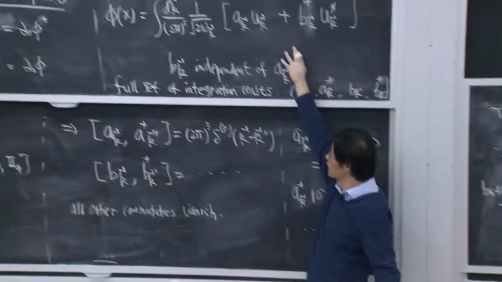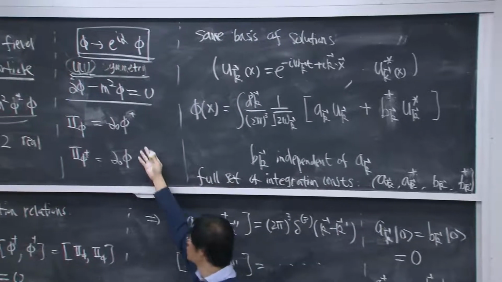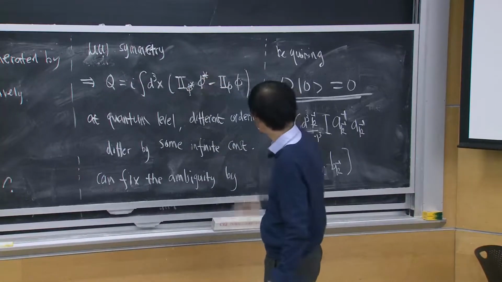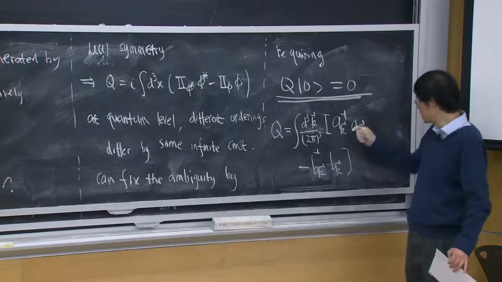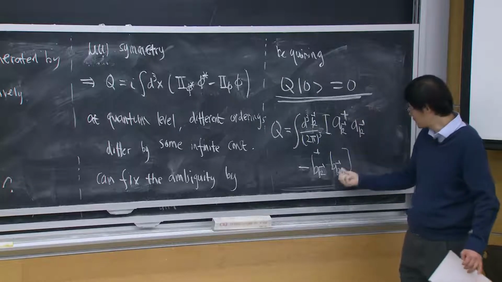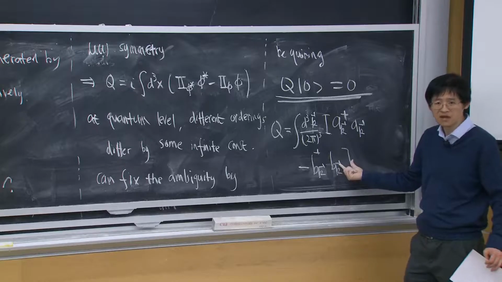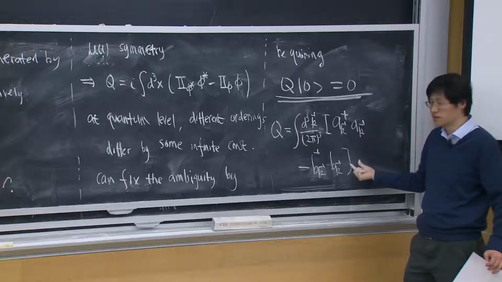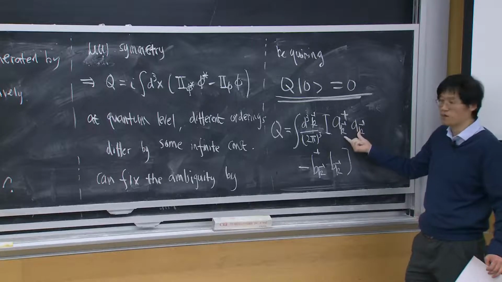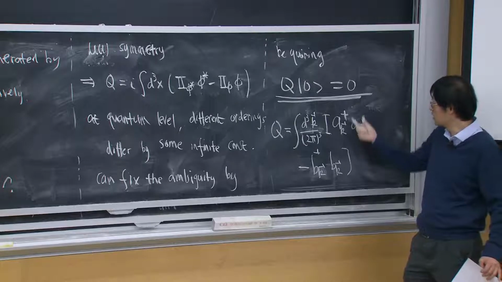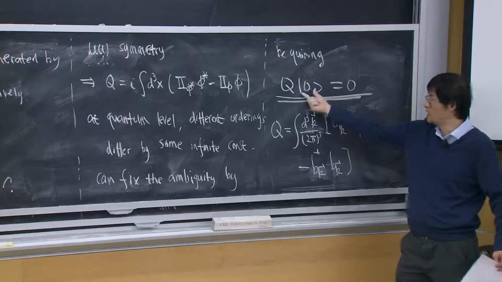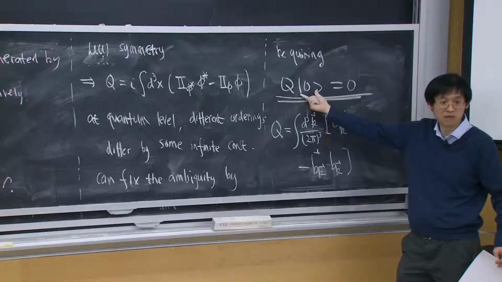You plug those expressions and their time derivative in, where the time derivative gives you pi. Because this is conserved, you find all the time dependence cancels, and you get these two expressions up to some constant. Then the condition requires that constant to be 0. When you write it in this form, you see it annihilates the vacuum, because the A is on the right-hand side of A dagger.